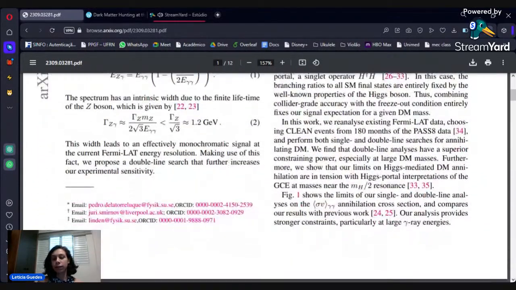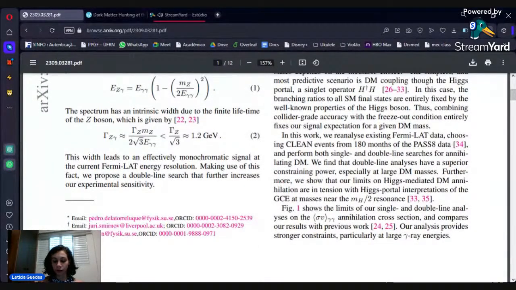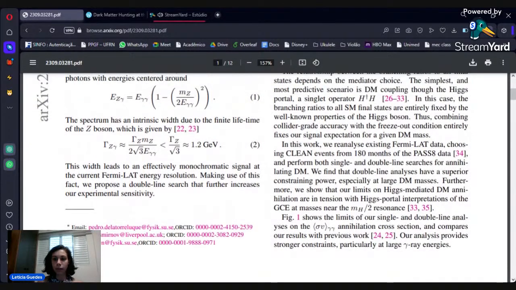So this paper proposes a model, a process with a Higgs portal, which means that it's mediated by a Higgs boson. It doesn't show the process here in the paper, but it's basically a loop process.